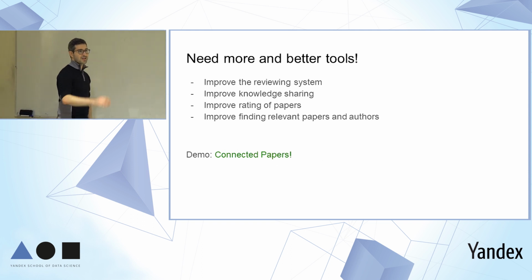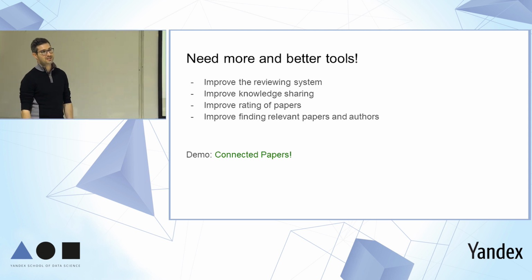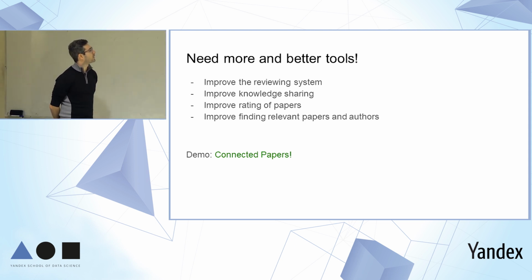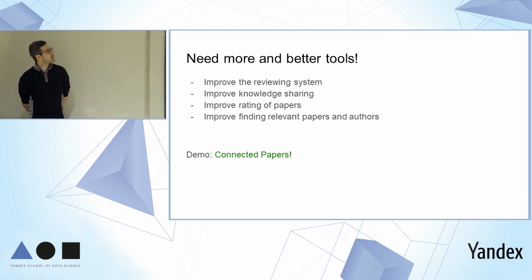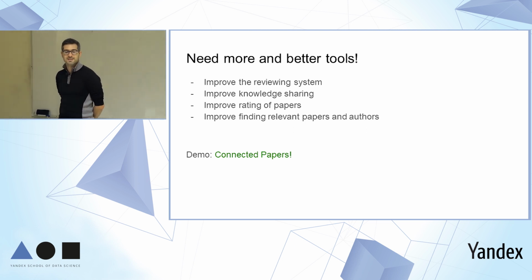So, as you said before, we need more and better tools because this is getting out of hand. We need a way to improve the reviewing system. We need to improve knowledge sharing. I think the signal that we have about whether a paper is good or not is really, really weak. Imagine 1,000 people read a paper and maybe 10 of them actually write a paper and cite it.